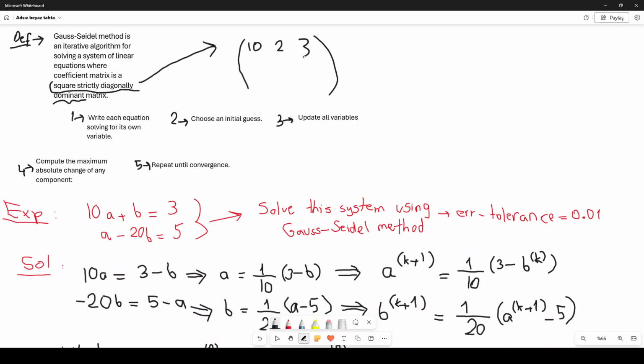Let our coefficient matrix be defined like this. I put some values here, so say 5, say 20, say -3, alright, then -2, 8, and say 30.